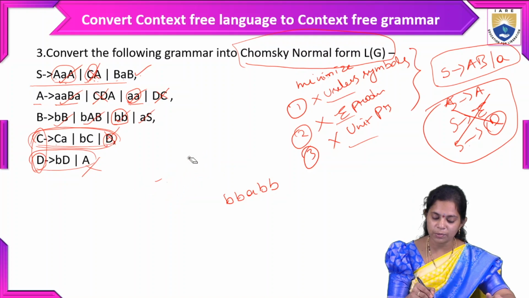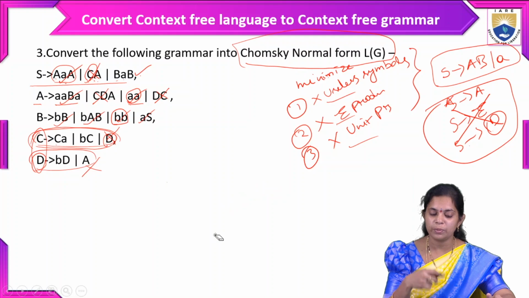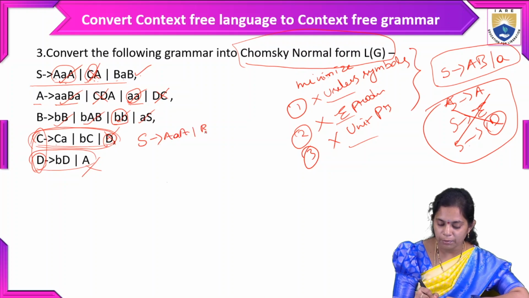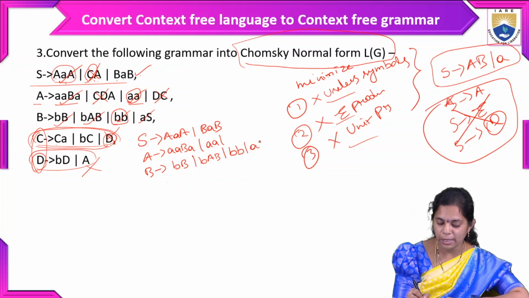Let me write what grammar should be involved after minimization. A is deriving, so I am keeping it, and B is there. A tends to AA, BA, and a; B tends to b, BAB, and BBAS.